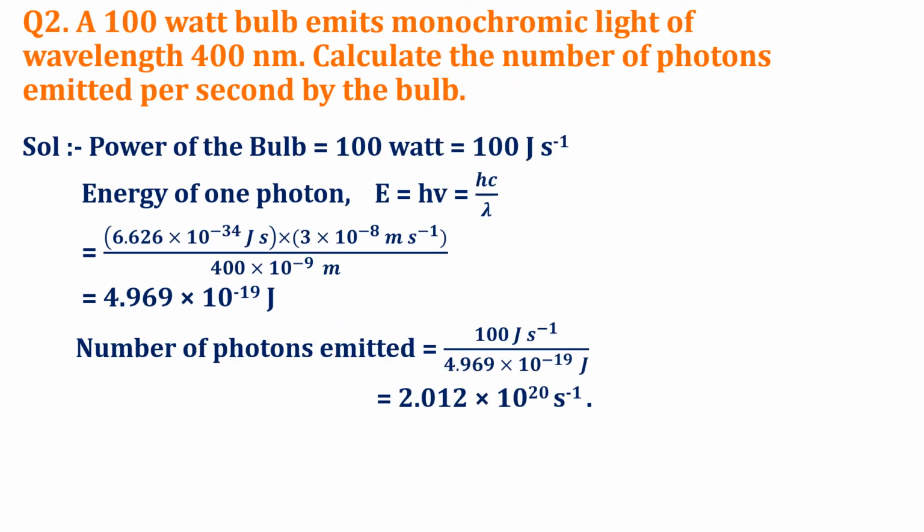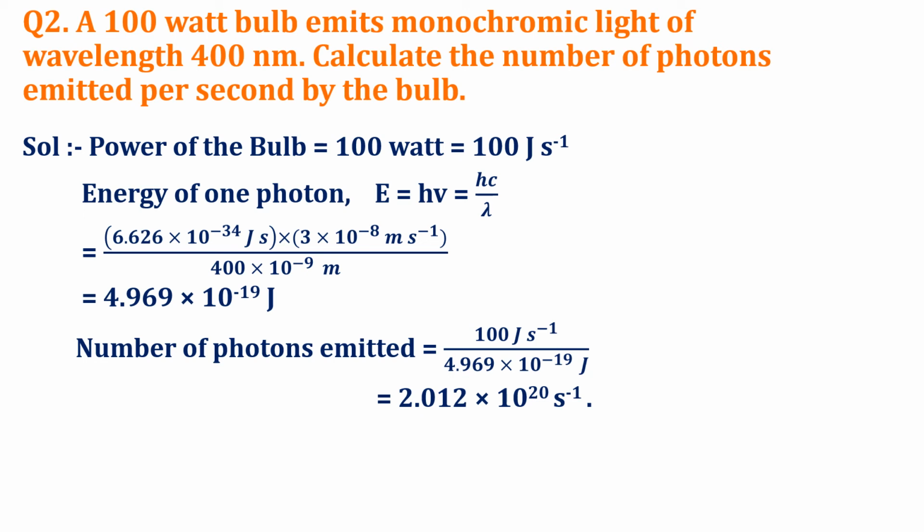The next question is: a 100-watt bulb emits monochromatic light of wavelength 400 nanometers. Now you have to calculate the number of photons emitted per second by the bulb. What have we been given? The power of the bulb, that is 100 watt.